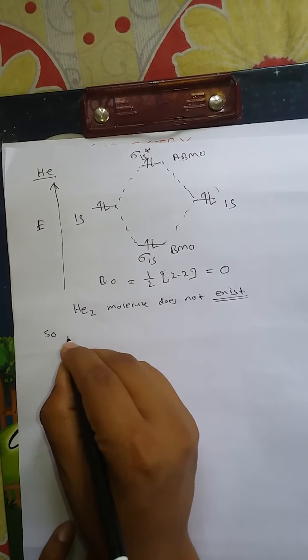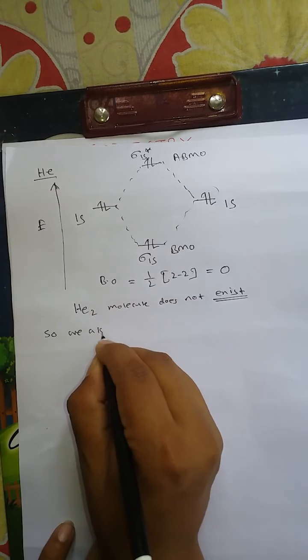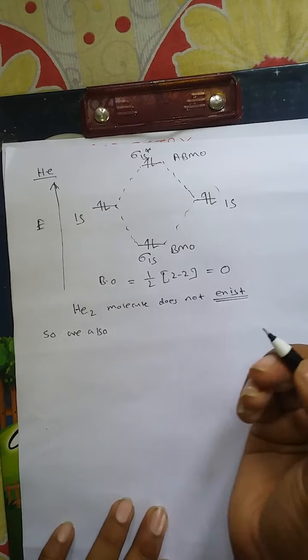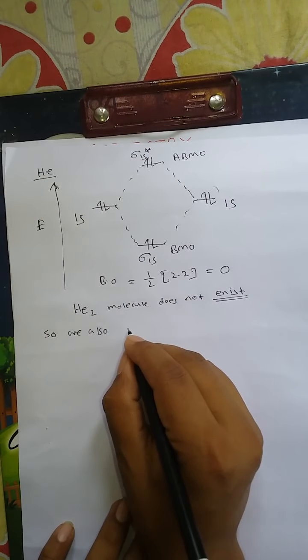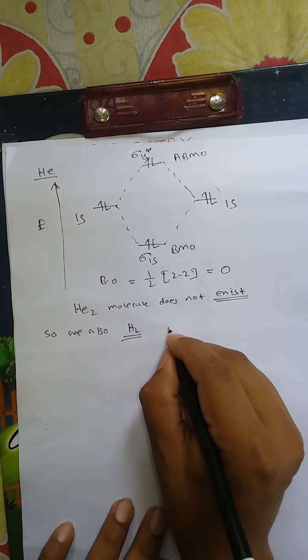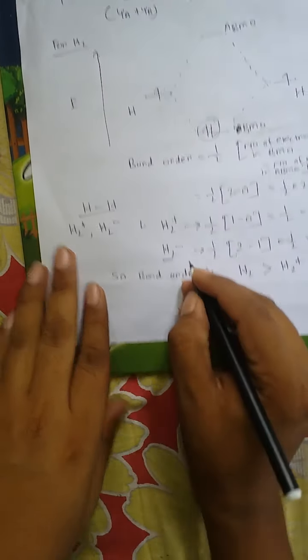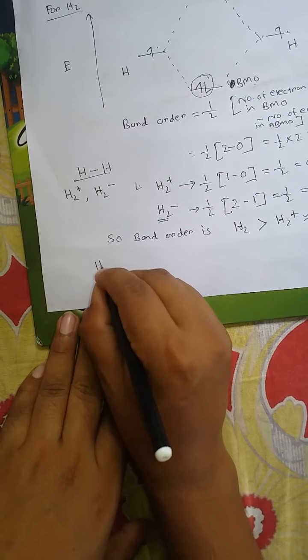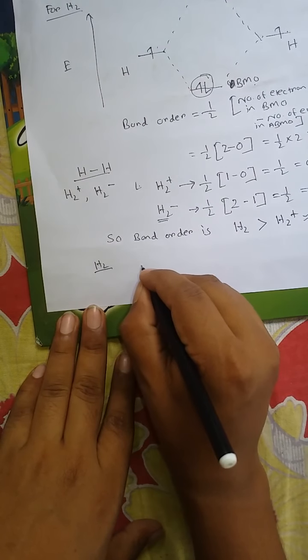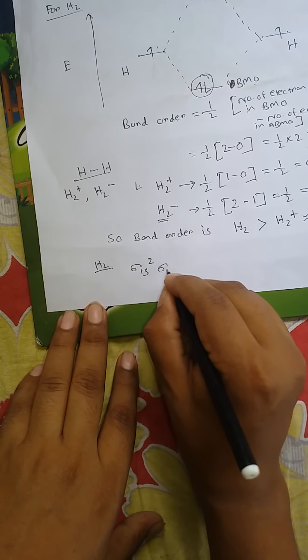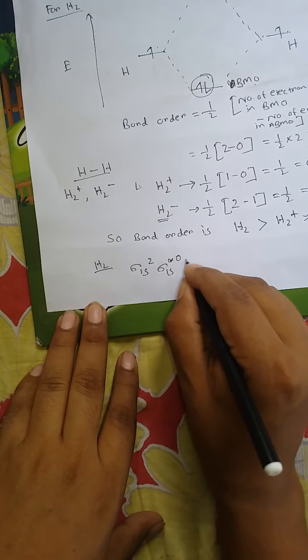We can also write the electronic configuration. For the H2 molecule, the electronic configuration is sigma 1s 2, sigma 1s star 0.